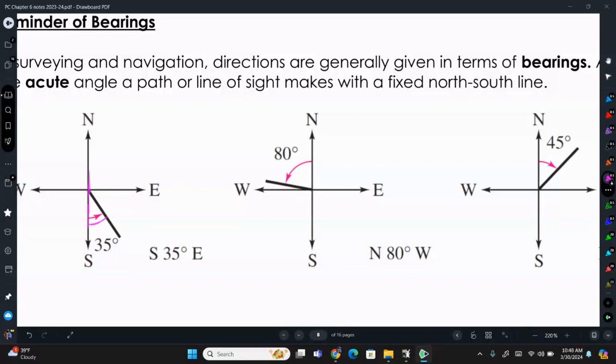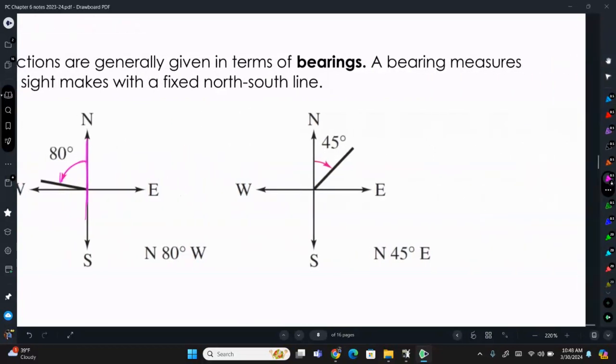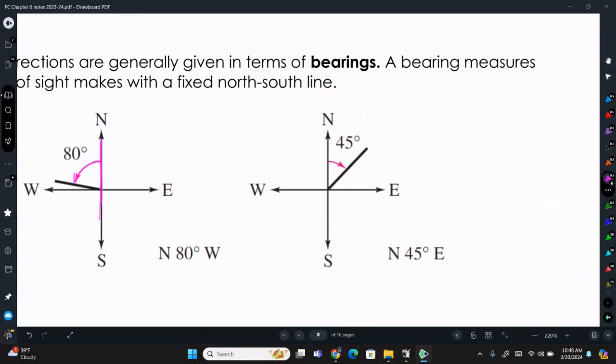North 85 degrees west means we're starting north and then going 85 degrees west. And then north 45 degrees east, we're starting north and then going 45 degrees east. So you're always going to have a north or south first, and then you're going to go east or west depending on the angle measure.